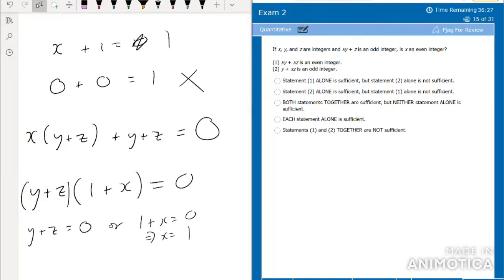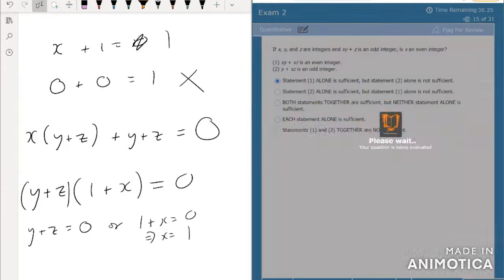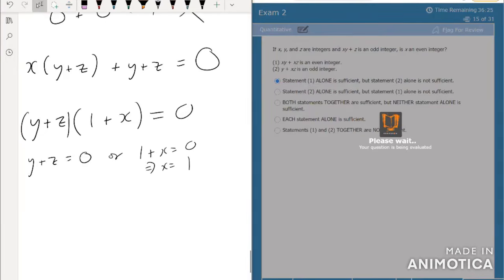So that means 1 alone is sufficient, but statement 2 alone is not. That was nasty. I'm not even certain I got it right, but I need to move on.